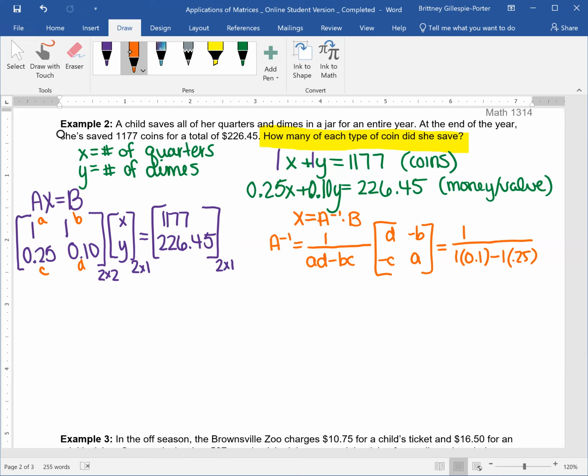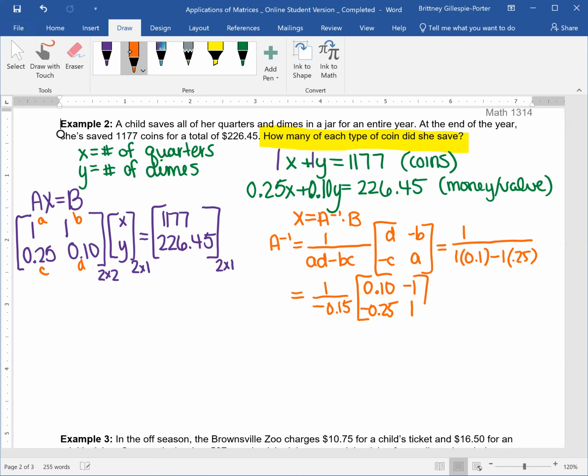If we do that part, 0.10 minus 0.25 gets us negative 0.15, times the crazy matrix where we flip-flop the 0.10 and the 1, and we negate on the backswing.